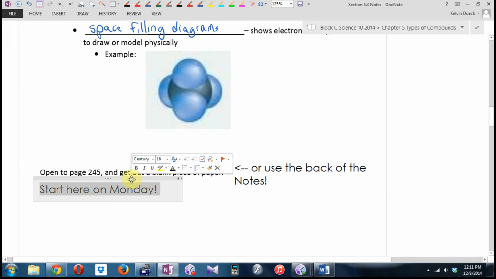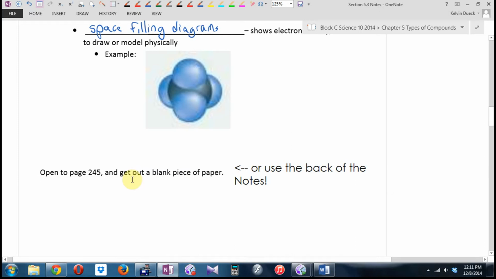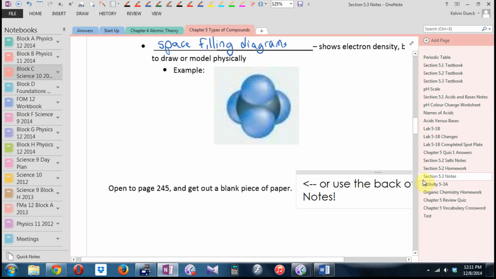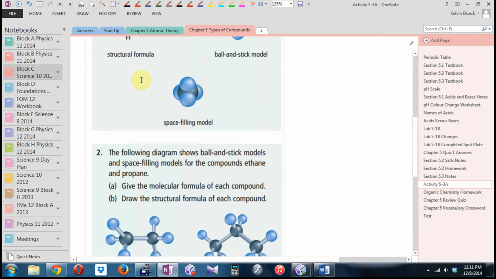I wrote down here, open to page 245 and get out a blank piece of paper, or you can use the back of your notes. Is the back of your notes completely blank? So use that. Now, if you don't have a textbook handy, I've also copied it here, but it's worth having page 245 open. And it looks an awful lot like this here.